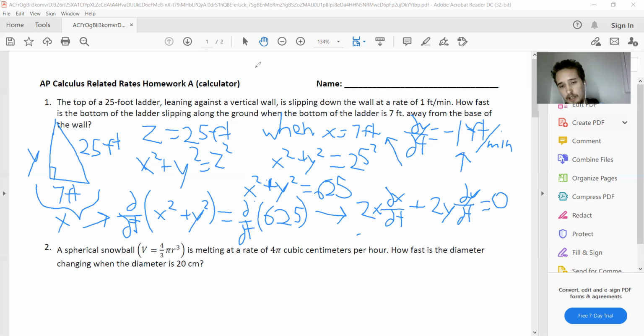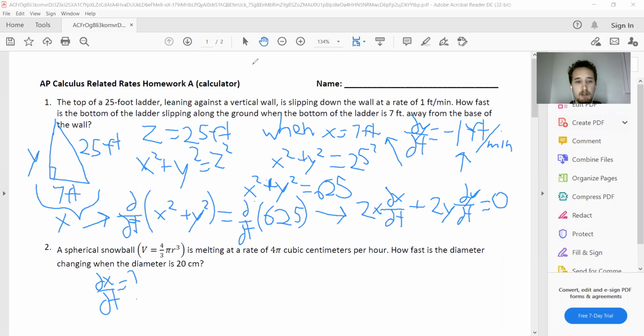So we want dx dt, right? We do not have that. But we also need y, right?